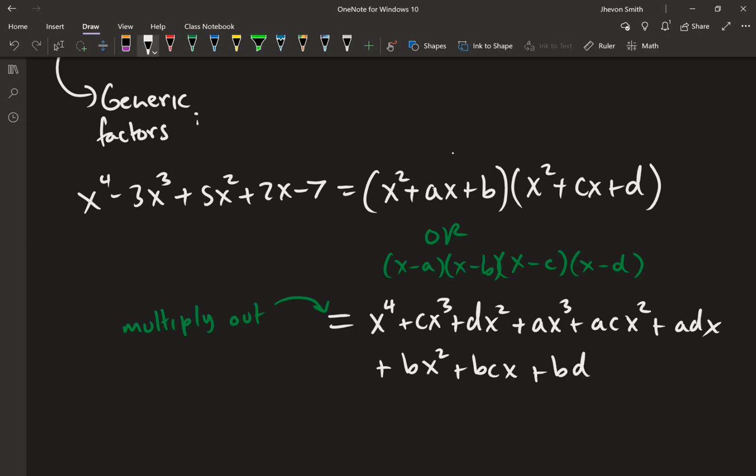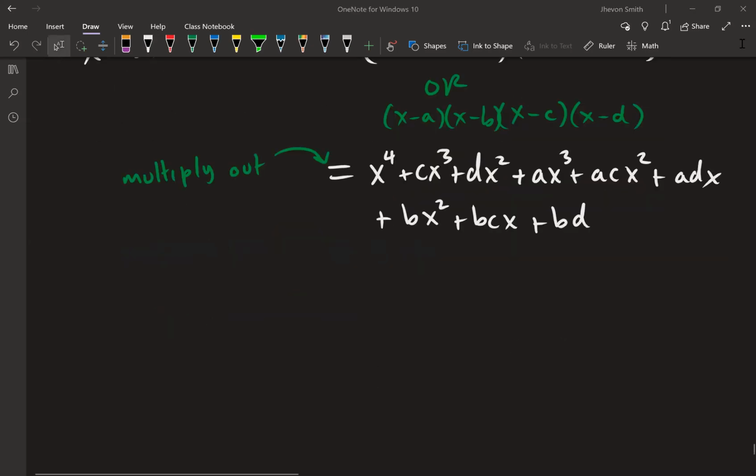And so now I would have, let me move the chat box out of the way here. Now I would have something like x to the 4th plus, let me group the cubes, (c plus a) x cubed.